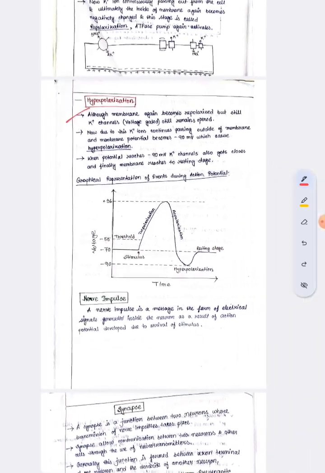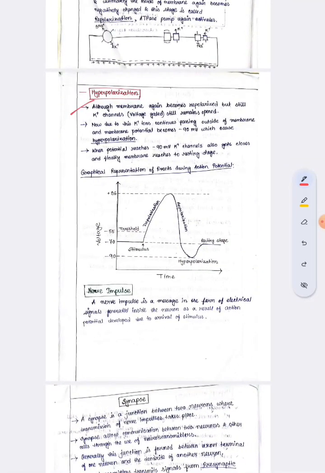Hyperpolarization, although the membrane again becomes repolarized, the potassium ion channel still remains open. Due to this, potassium ions continue passing outside of the membrane and membrane potential becomes negative 90 millivolt, which causes hyperpolarization.